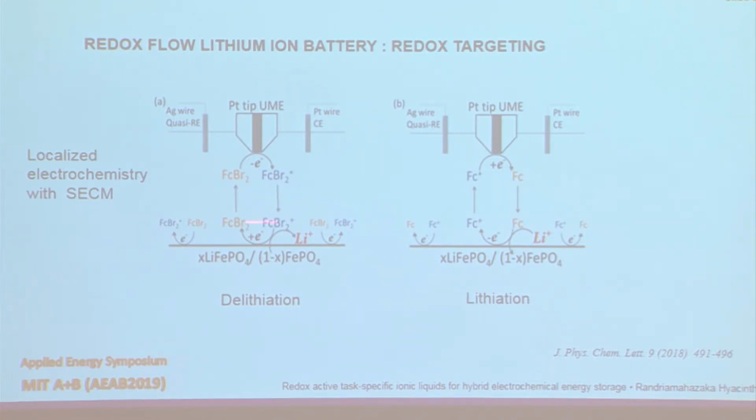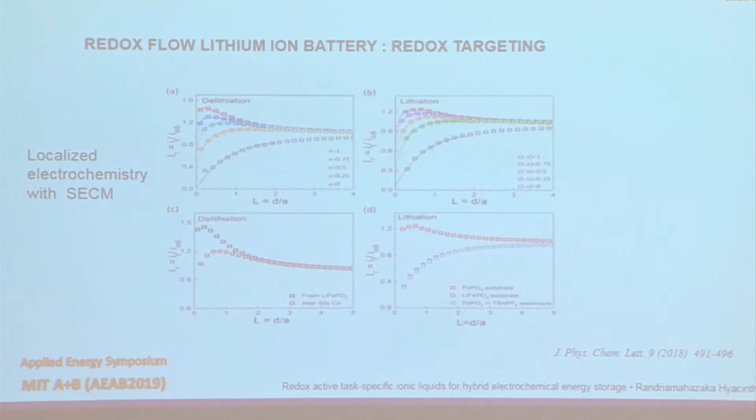In this case, by changing the composition of the surface, we change the energy level of the surface. So by using scanning electrochemical microscopy, we obtain this kind of approach curve during the lithiation and delithiation.